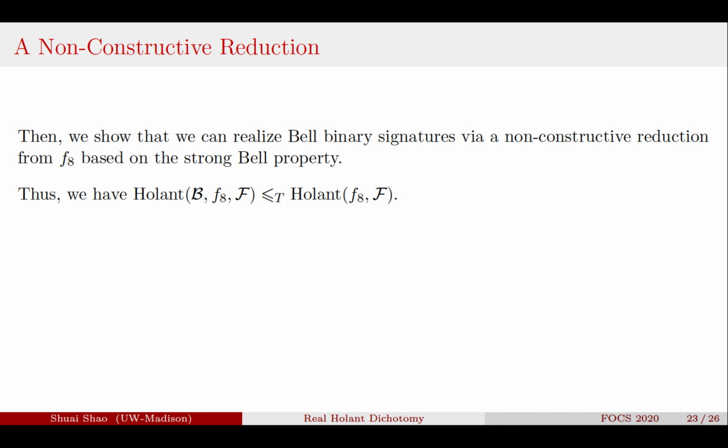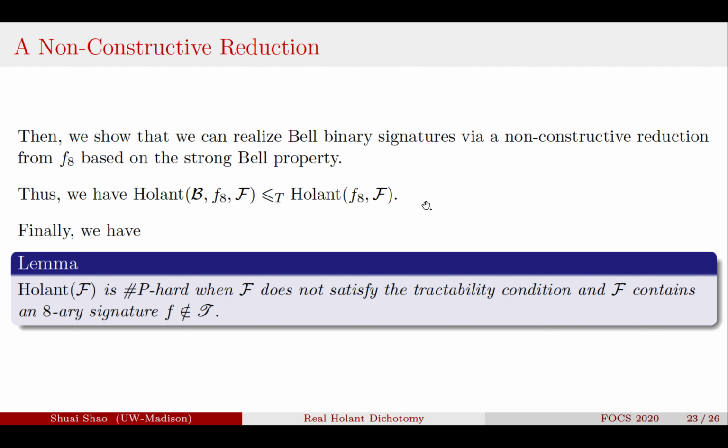In the proof, we give a non-constructive reduction to realize Bell binary signatures from the signature f sub 8. This reduction is crucially based on the strong Bell property of f sub 8. Then, finally, we can prove that the Holant problem is #P-hard when the signature set script F does not satisfy the tractability condition and it contains an 8-arity signature that is not in T.